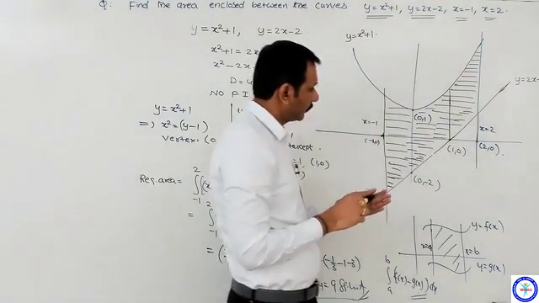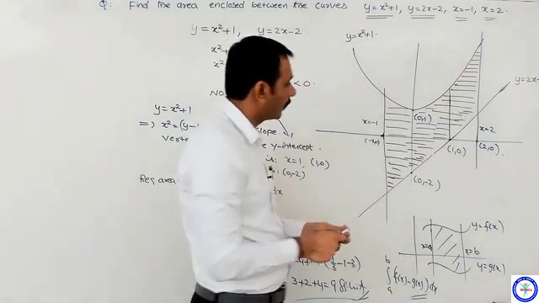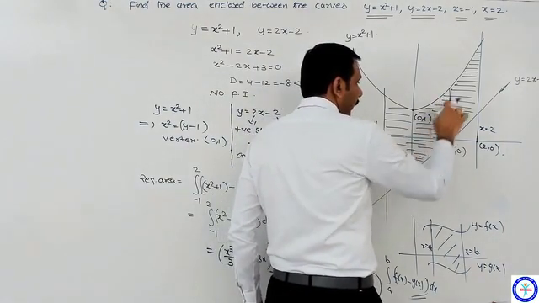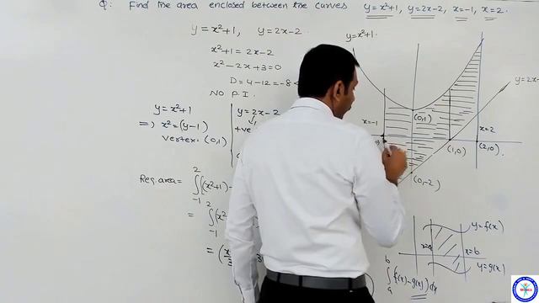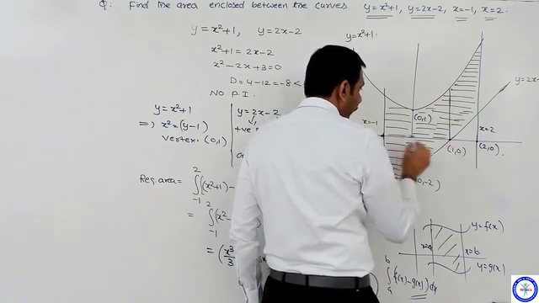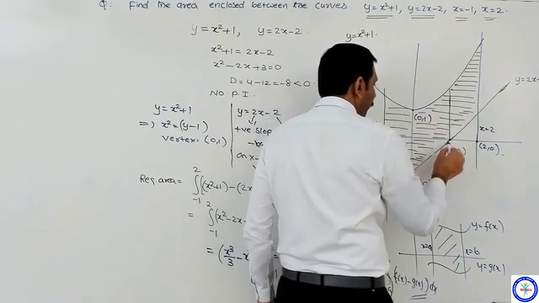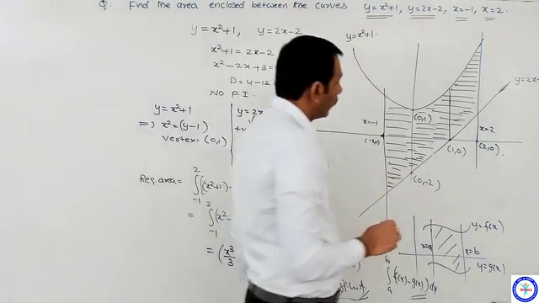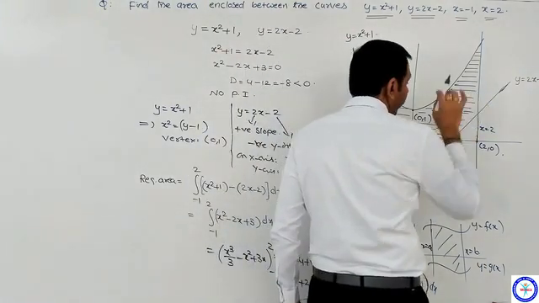Listen. First I will find this area here, that you will get if I take integration of minus 1 to 1, upper curve minus lower curve, plus this area I want.